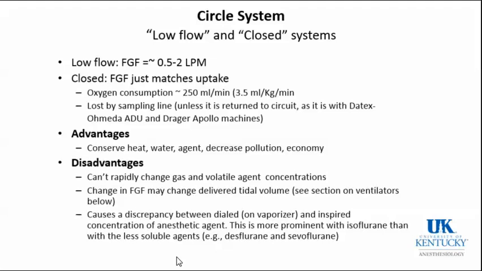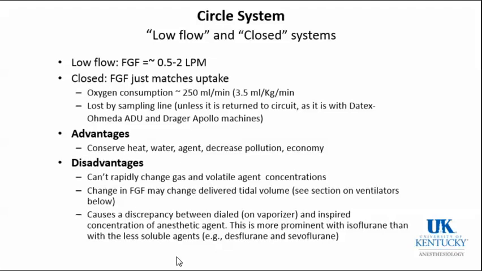However, remember that in some circuits, the sampling line for measuring airway gases may take away some of this fresh gas flow. And so that's about 100 to 200 cc's a minute. So you may have to add a little more to your fresh gas flow to keep it closed.